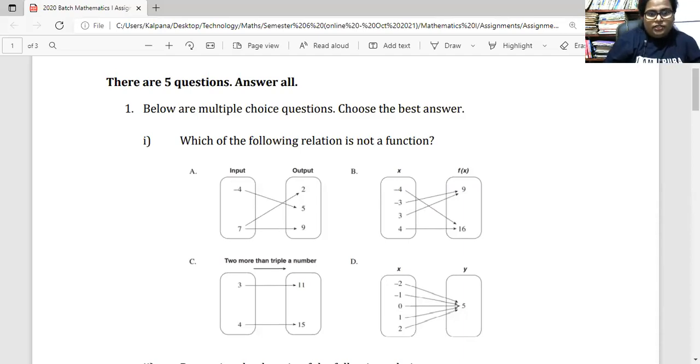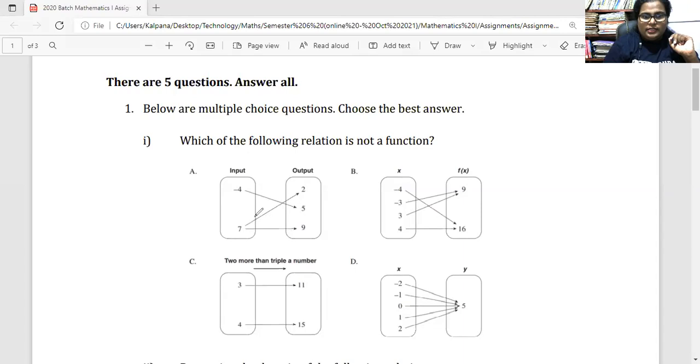So let me show you. Let me explain this one here, because we do not need to copy these things to the whiteboard. So here you can see these type of questions. First, you have to determine what is the relation in this. What type of relation should be there?